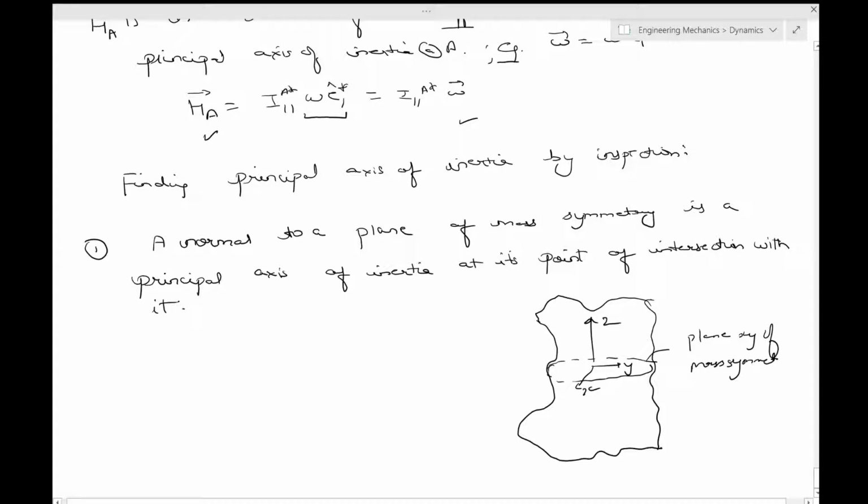Now, being this plane of mass symmetry, it means that if you have a small mass dm at x comma y comma z, okay, and then you have this mass dm at x comma y comma minus z.